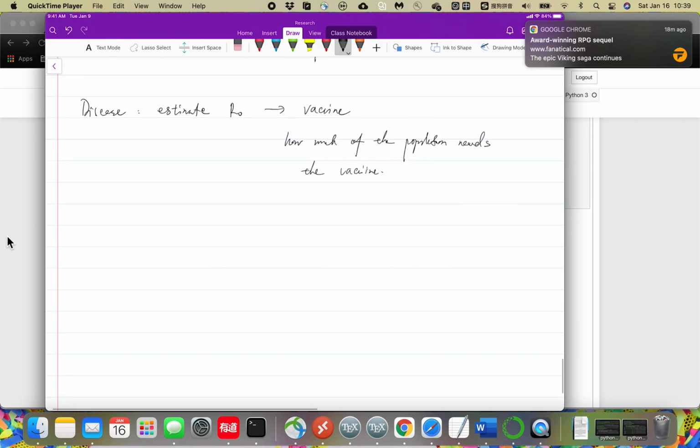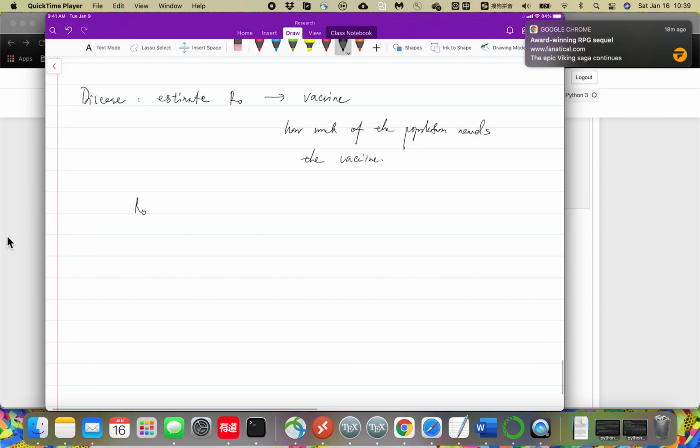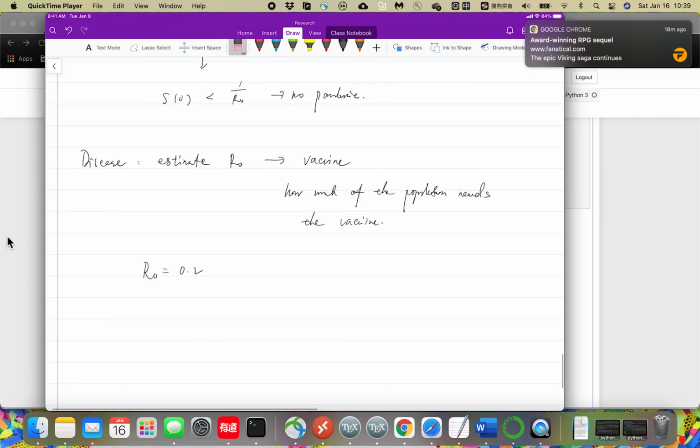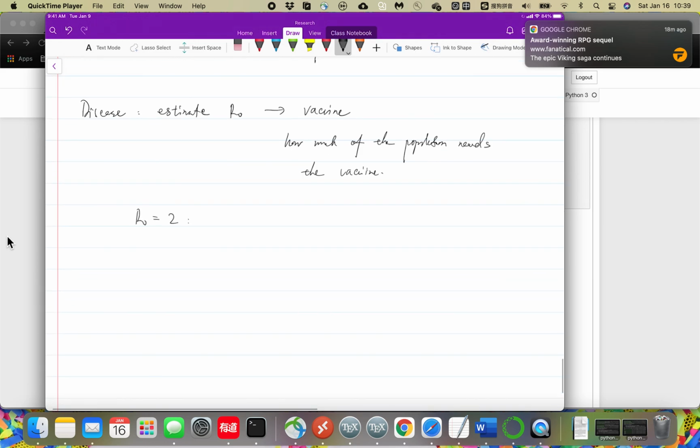For example, you estimate your R naught to be 2. Then 1 over R naught is going to be 1/2.